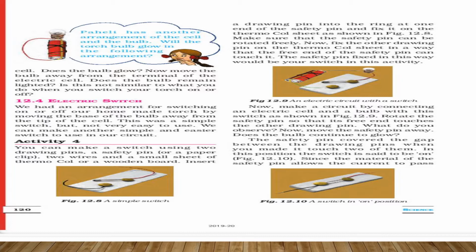Now fix the other drawing pin on the thermocol sheet in a way that the free end of the safety pin can be made to touch the other drawing pin.